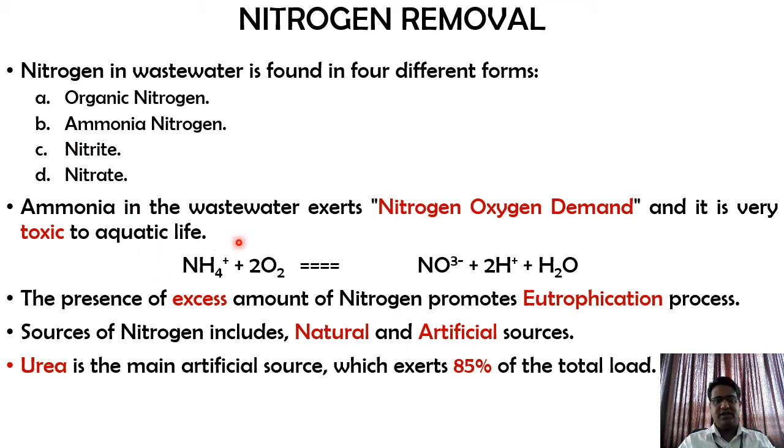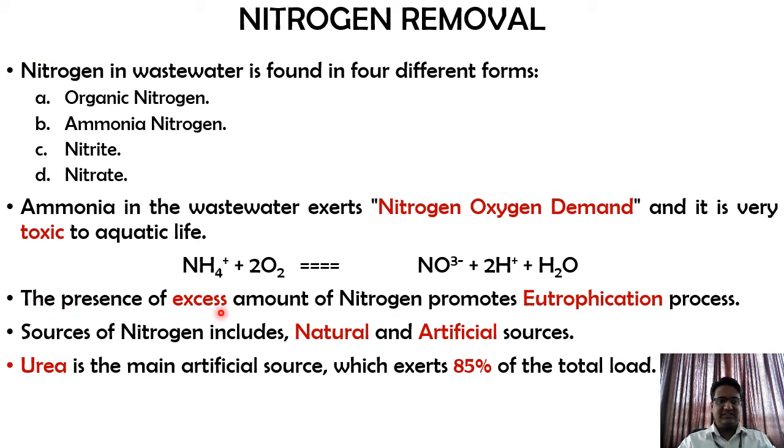That's why, as per the drinking water quality standards, we should not have any nitrite present. Fortunately, nitrite is quite unstable. Whenever it is formed, it will immediately convert into nitrate. But still, if nitrite is present, that is not good for us.